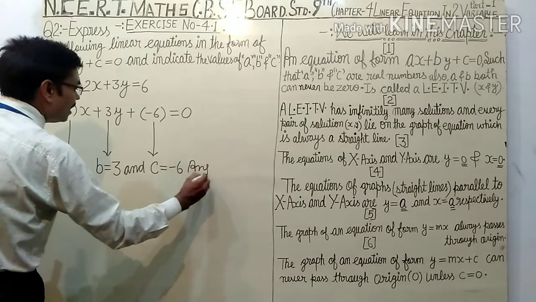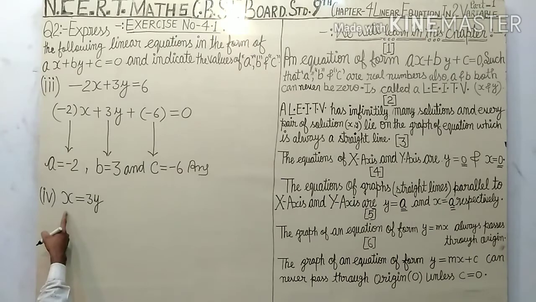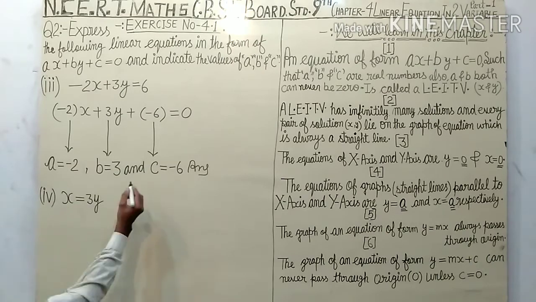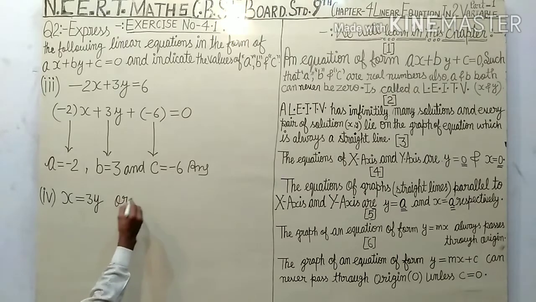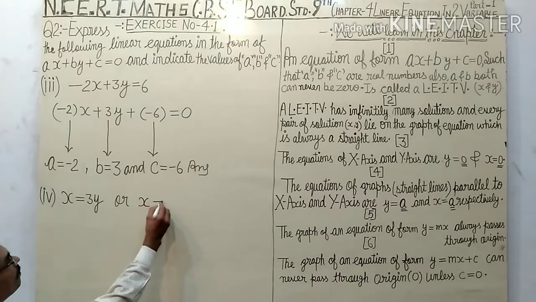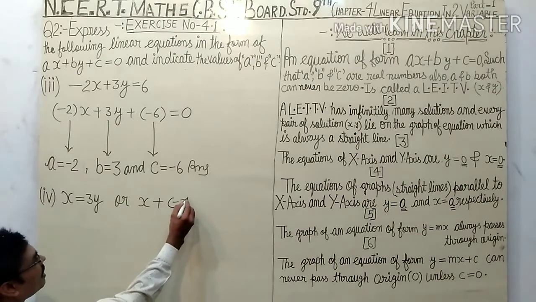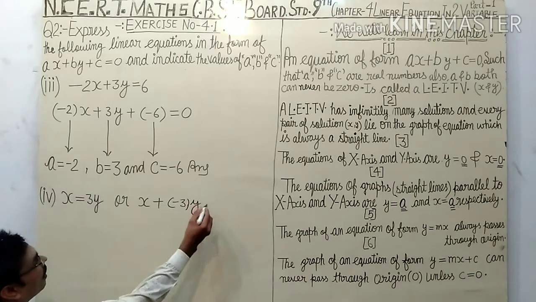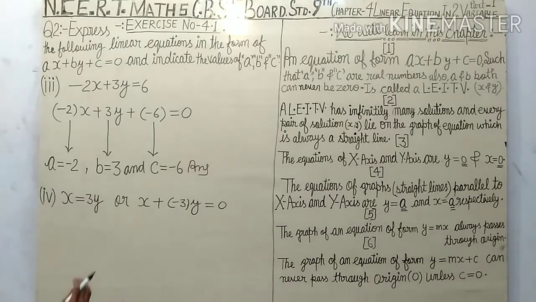And now in the fourth part we have been given the equation x equals 3y. Students, this can be rewritten as x plus minus 3y equals 0. Students, by adding 0 to or subtracting 0 from an expression, the expression is the same as before.